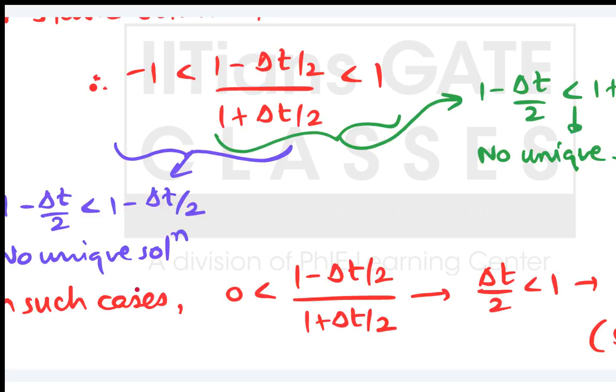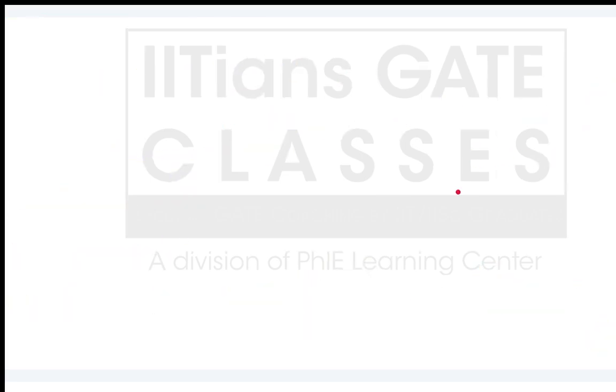Okay, 1 second. Okay, so for the unstable or oscillatory solution, the necessary condition should be delta t greater than 2.